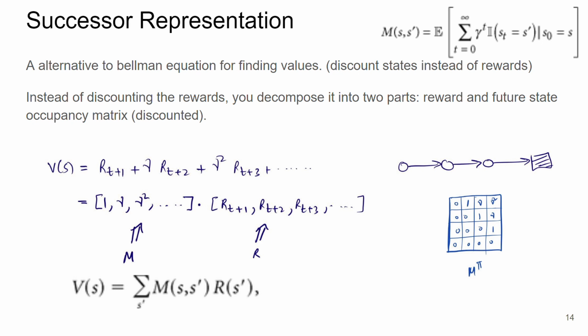We have a fixed policy here. We're only talking about the prediction case. So when we start off, we would initialize this as a random matrix and this as a random matrix. And as we keep interacting with the environment, we want to get more and more accurate estimates for M pi. So what you would actually learn is all these numbers in your matrix. That makes things clear.